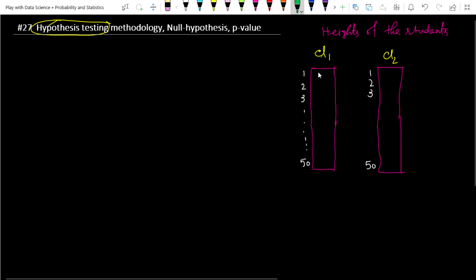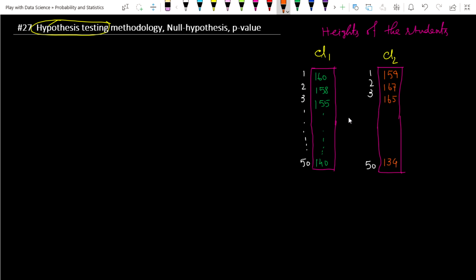Suppose one height is 160, another is 158, 155, 140. Similarly for class 2, suppose the heights are 159, 167, 165, 134. This is the kind of height data we have for the two classes.